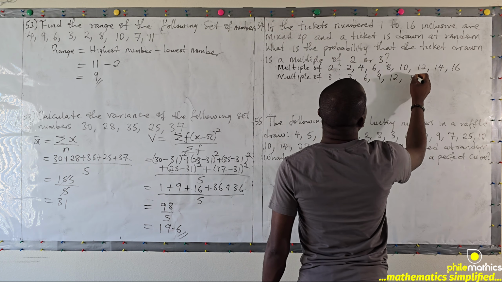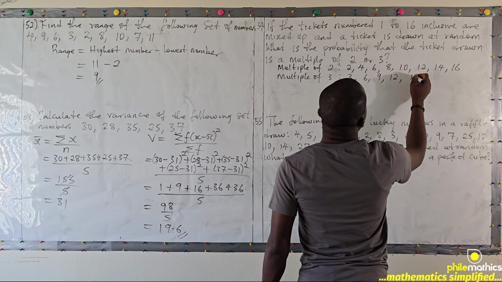So we are asked to look for the probability that the ticket drawn is a multiple of 2 or 3. Remember, for us to get the probability of a multiple of 2 or 3, we have to check if there is any intersection between both of them.